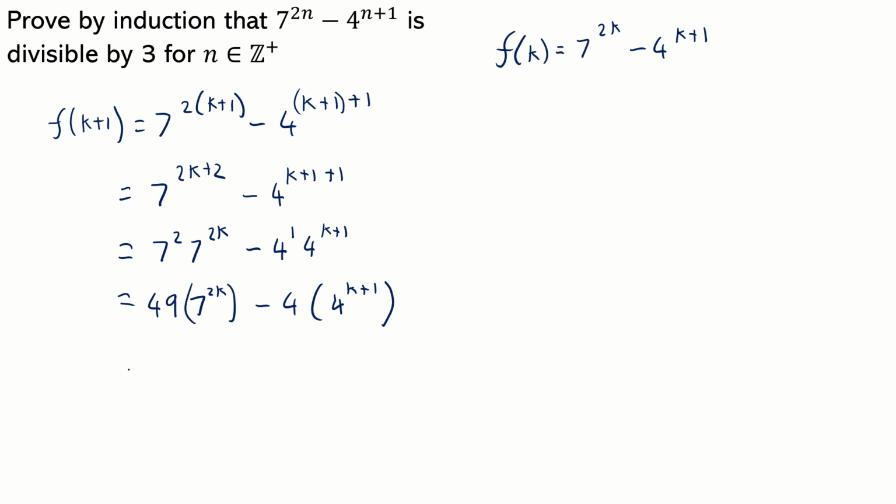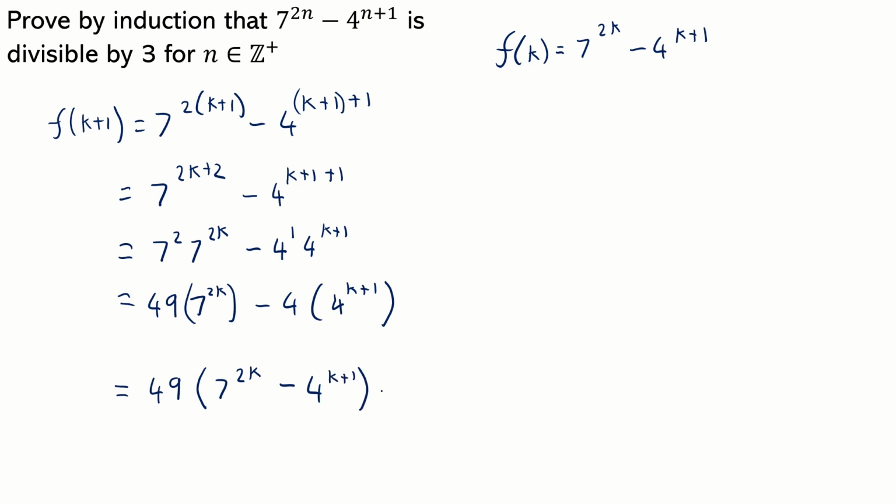So one way of doing that very simply would be to go, okay, we're going to need 49 lots of f of k, because that would fully deal with the 49 lots of 7 to the power of 2k that I currently have in the step before.